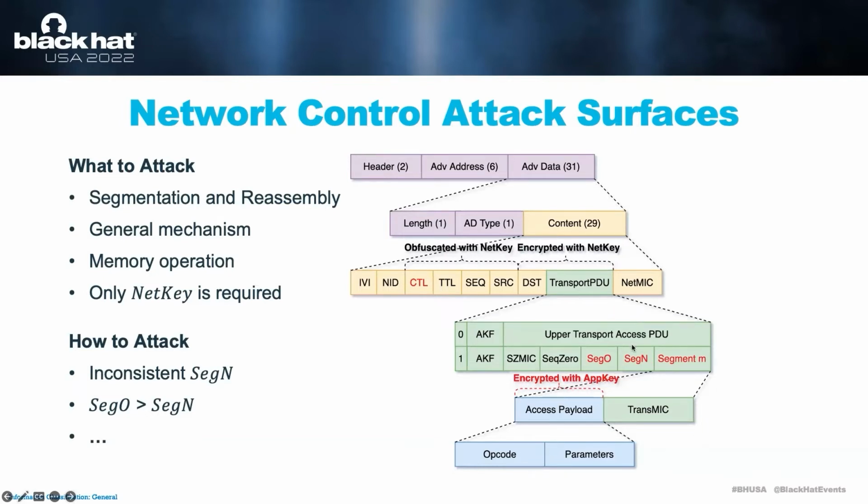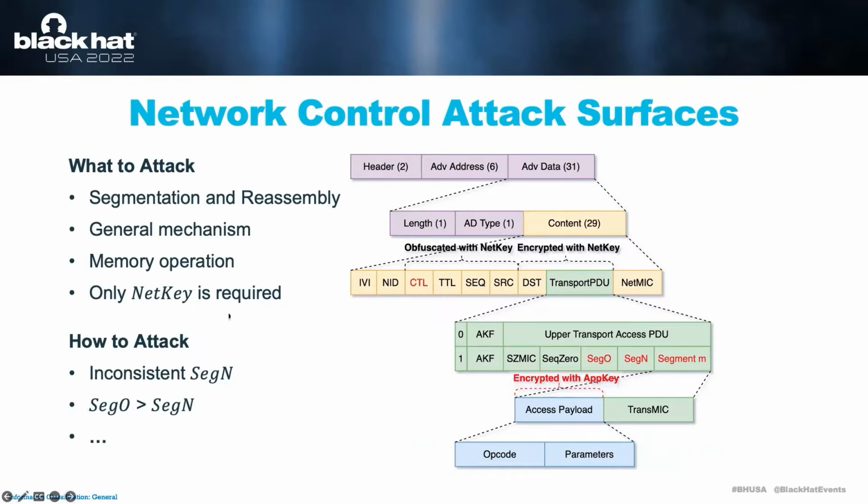But why is this an advantage? We need to know that all the devices within the network have the same NetKey, but different devices may have different AppKeys. As long as the attacker joins the mesh network, the NetKey can be obtained. It means that the attacker can send malformed messages to any other device.